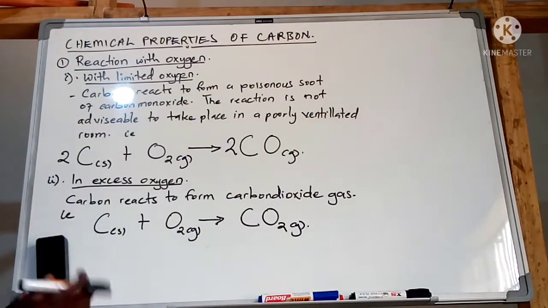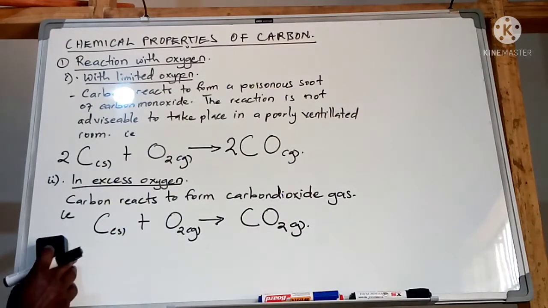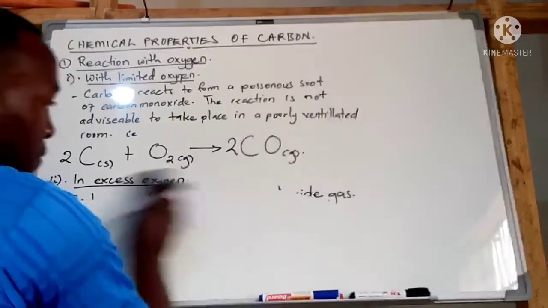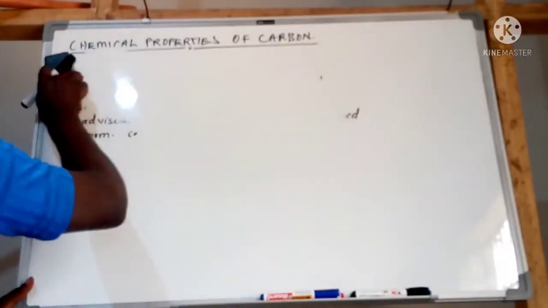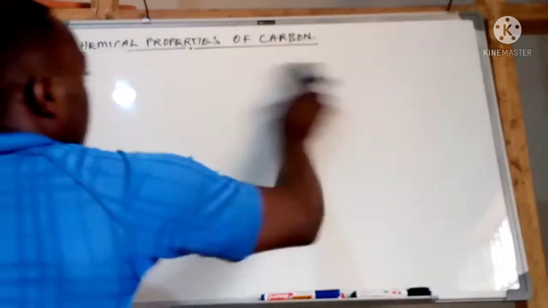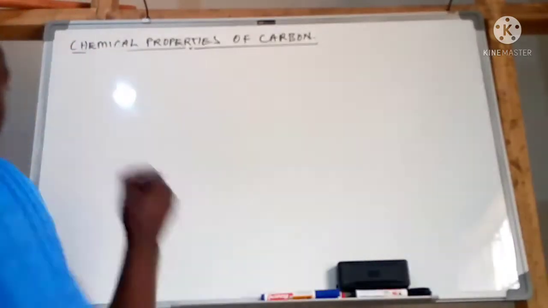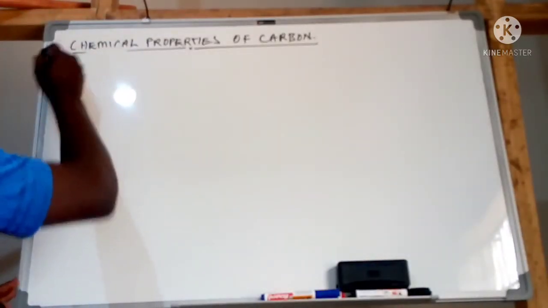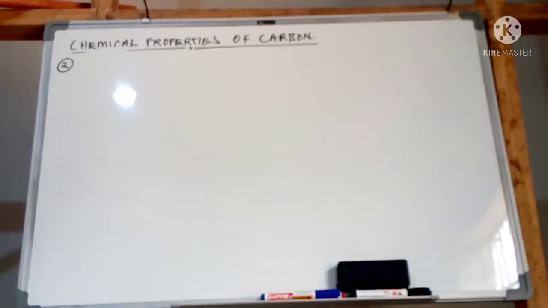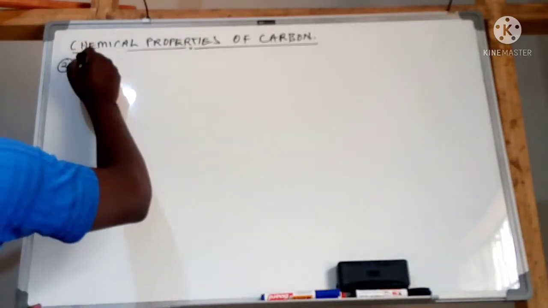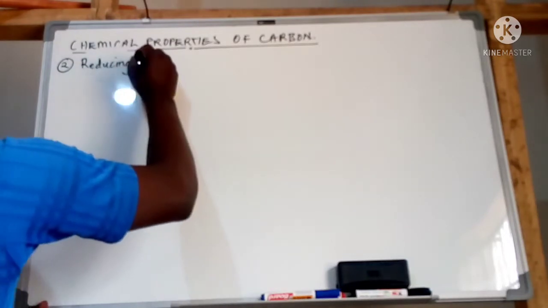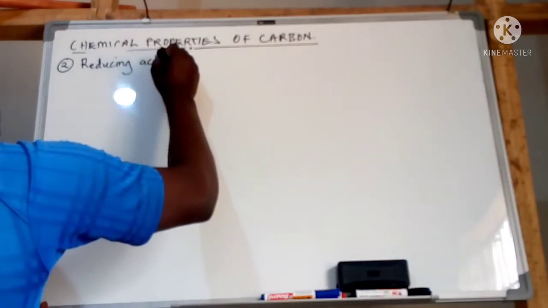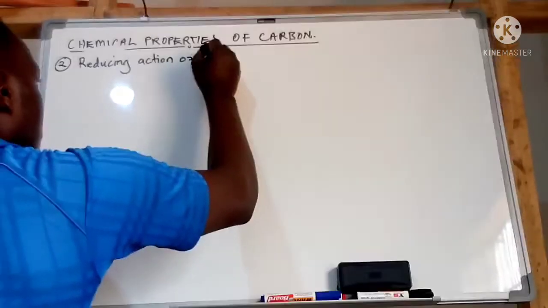Property number 2 is going to be the reducing activity of carbon. Chemical property number 2 is the reducing action of carbon.